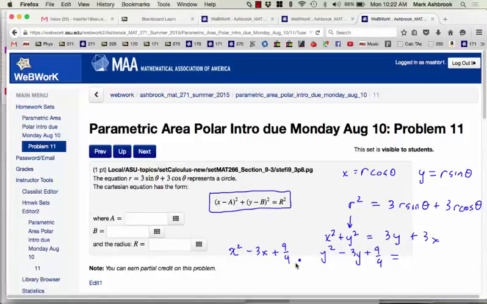So if you're going to add 9/4 and add another 9/4, then what we're really adding is 18/4 over here. So if we add 9/4 and 9/4 on the left, we've got to add the same thing on the right.